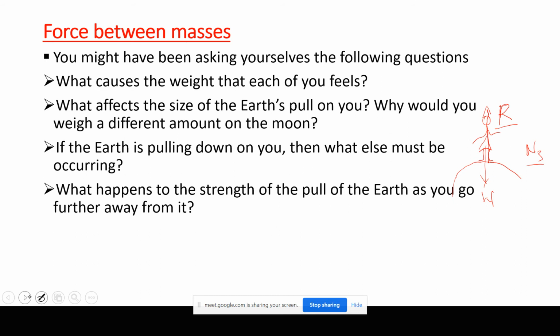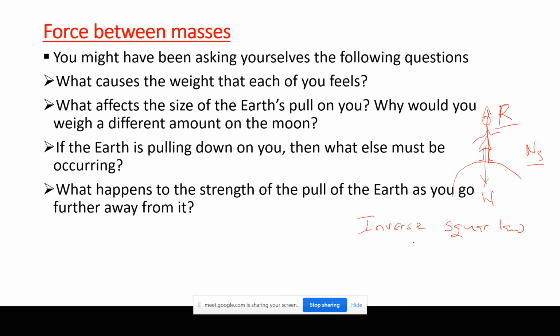Isaac Newton showed that the Earth's force of gravity extends into space, but weakens with distance according to what he called an inverse square law. I think this is not the first time we are talking about the inverse square law.